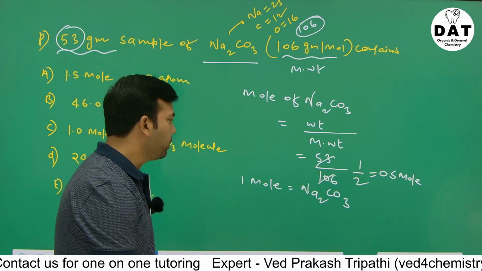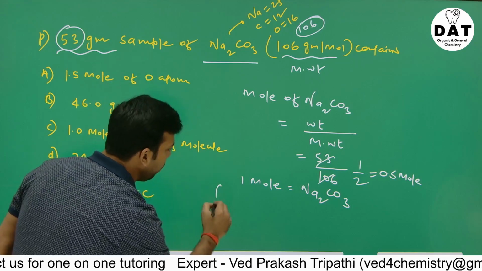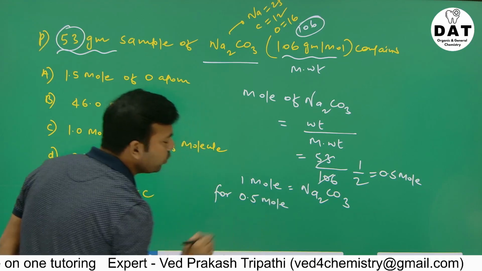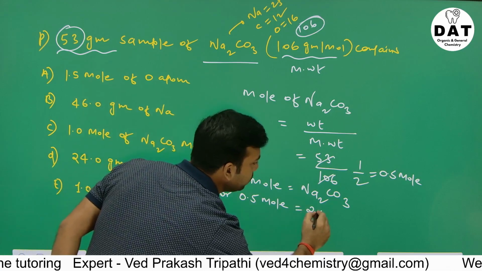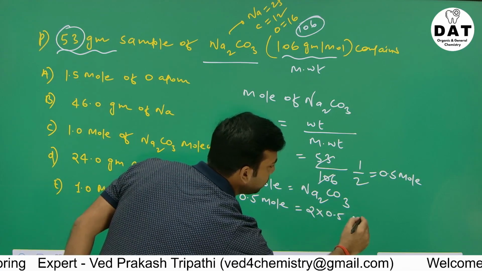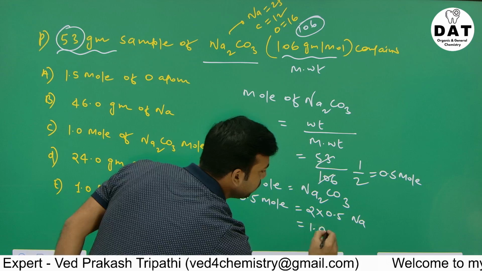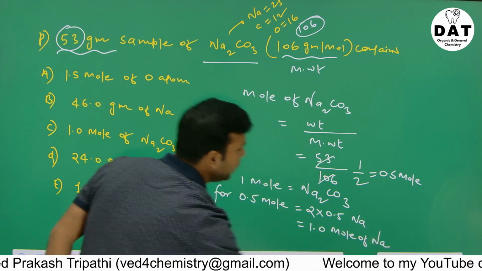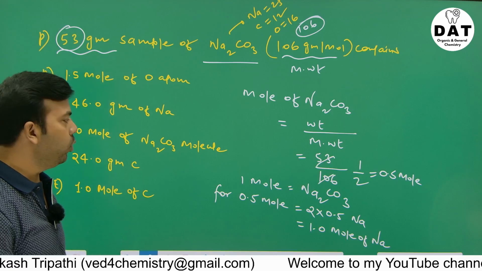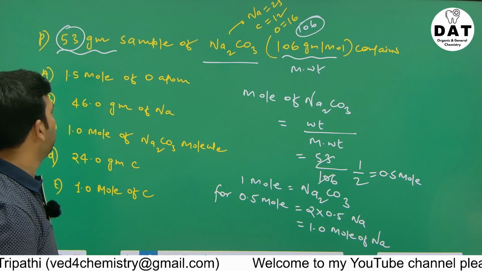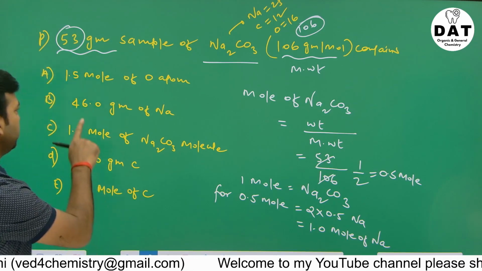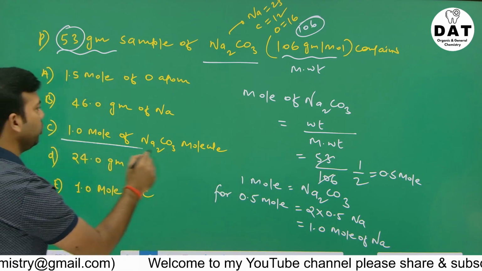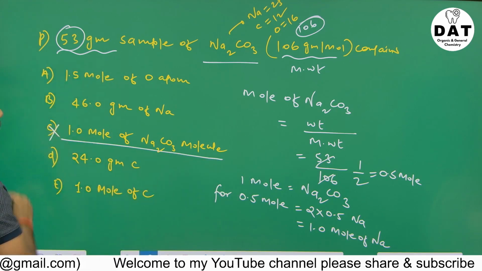So for 0.5 mole, how many sodium? We can say 2 into 0.5, which means 1.0 mole of sodium. Clear? 1 mole of sodium. Okay, 1 mole of sodium is not here. And Na2CO3 we got 0.5, but this option says 1 mole of Na2CO3, so this is wrong.